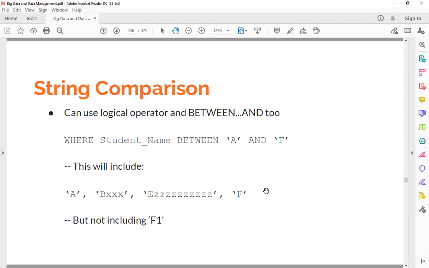Some students thought that if it's between A and F, then everything starting with F will also get true. That's not correct. If it ends at F, then it stops there. Anything after F, like F1, F2, FAAA, will all return false in this between and. It will be outside this between and range.